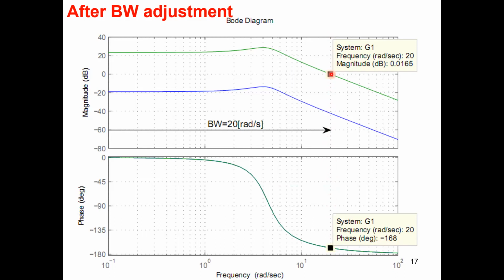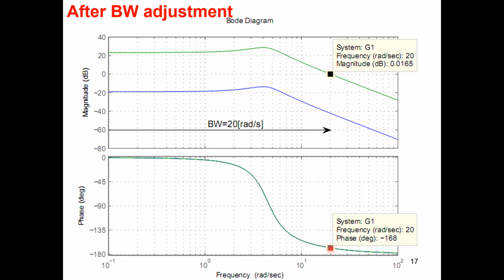At 20 radians per second, gain is 1. But if you look at the phase, the second factor to make things unstable is not achieved yet. The phase is 168, not 180.